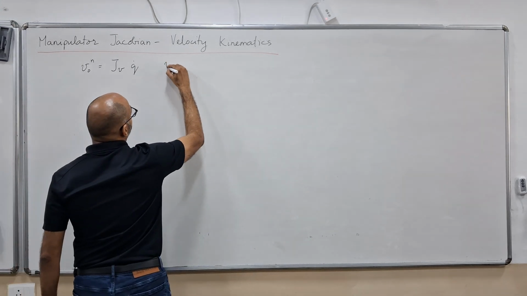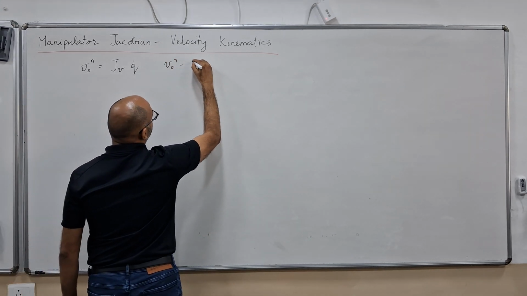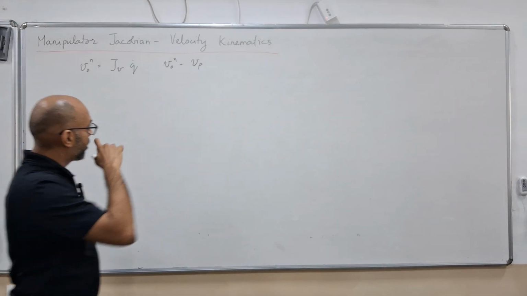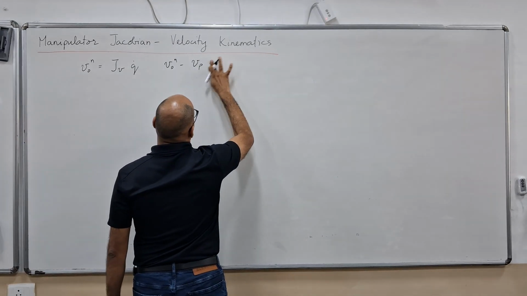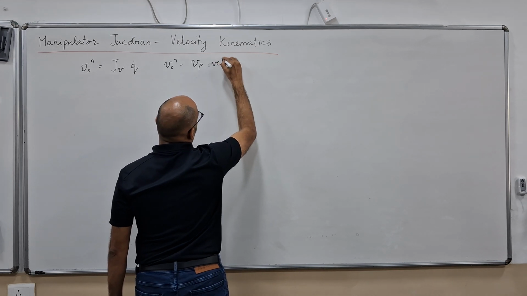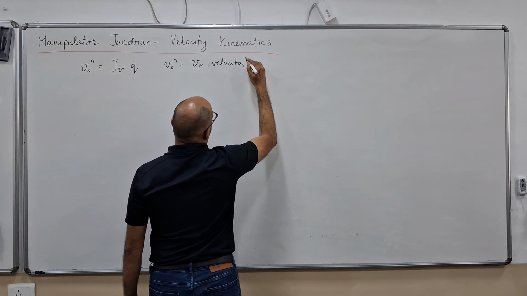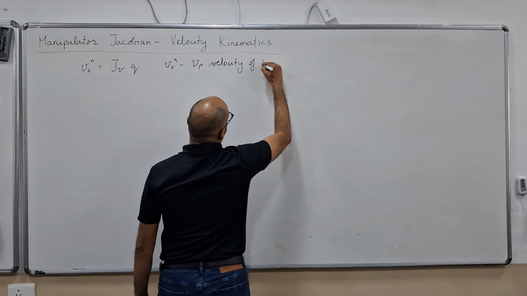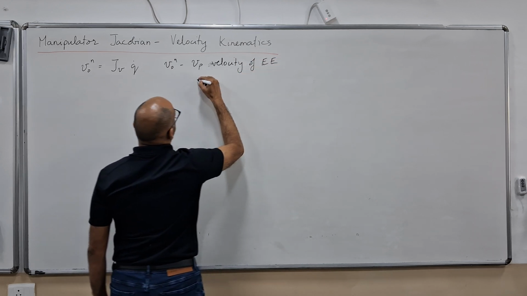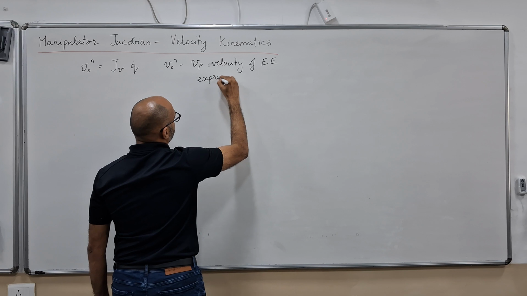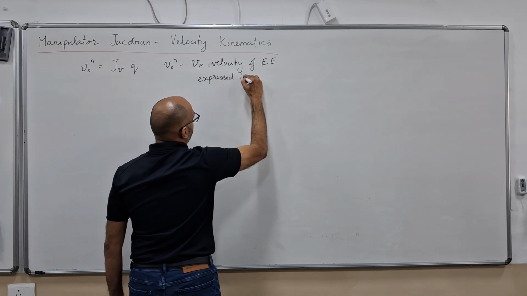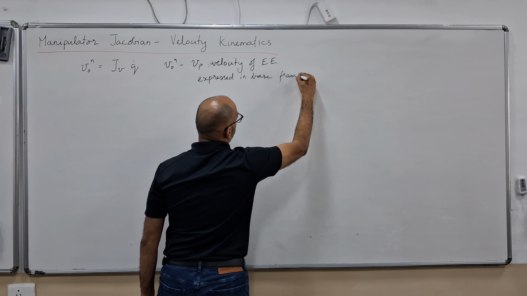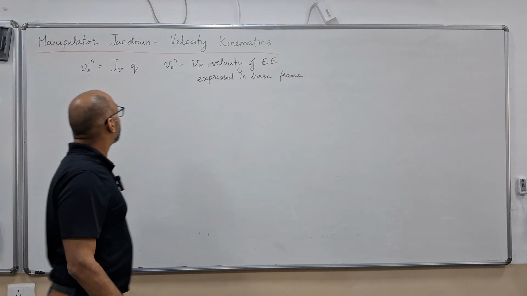So here V0n is the velocity of the end effector, Vp, we were calling that P, right? But so velocity Vp, velocity of end effector, but expressed in the base frame or the zero frame, the inertially fixed frame, right?